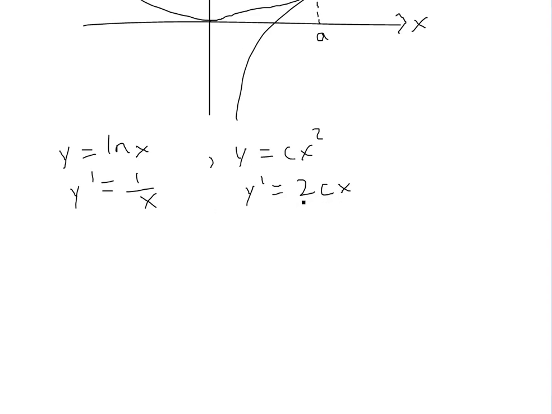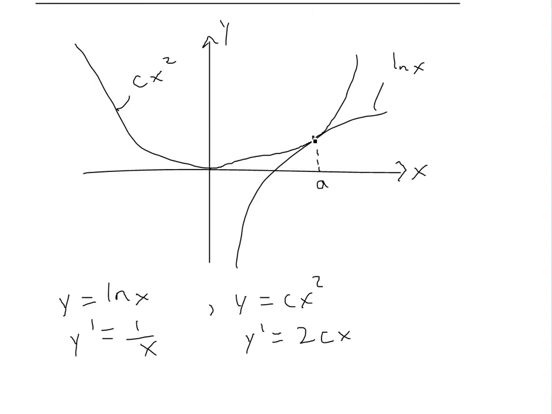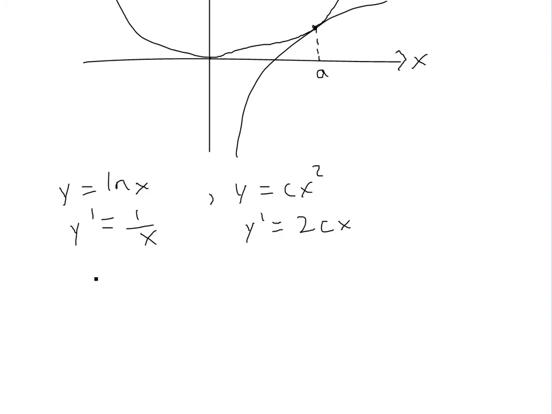So these have to be the same because it's tangent right here, meaning the derivatives match, the slopes match. So at x equals a, we get 1 over a is equal to 2ca.